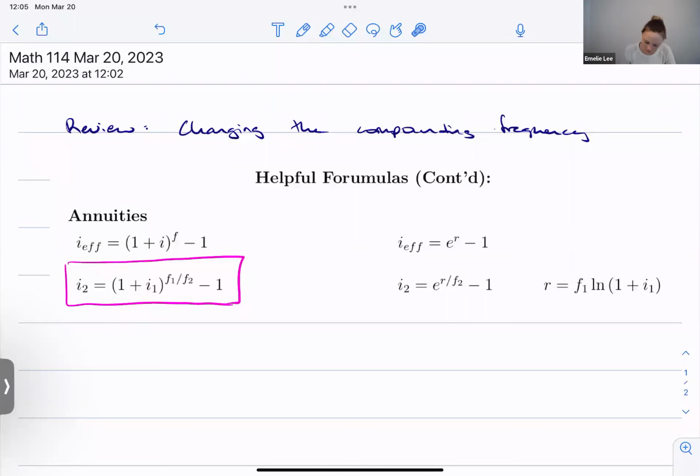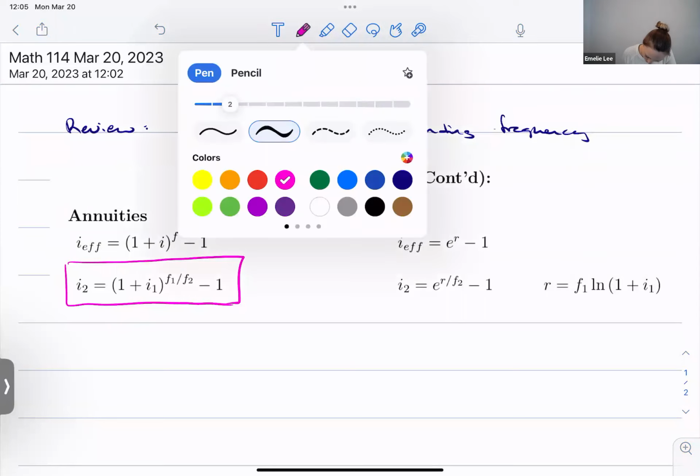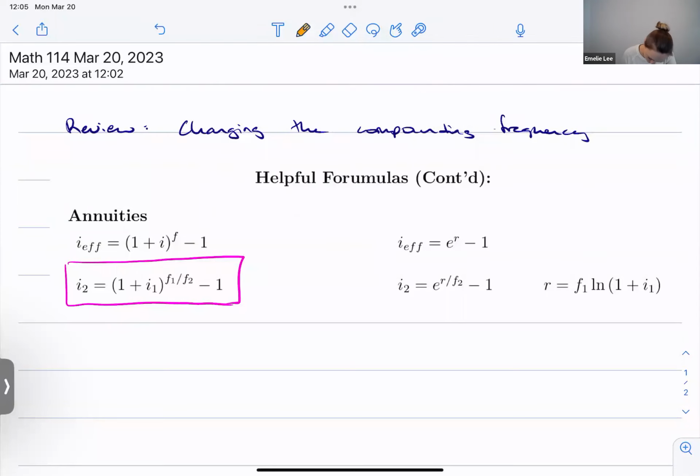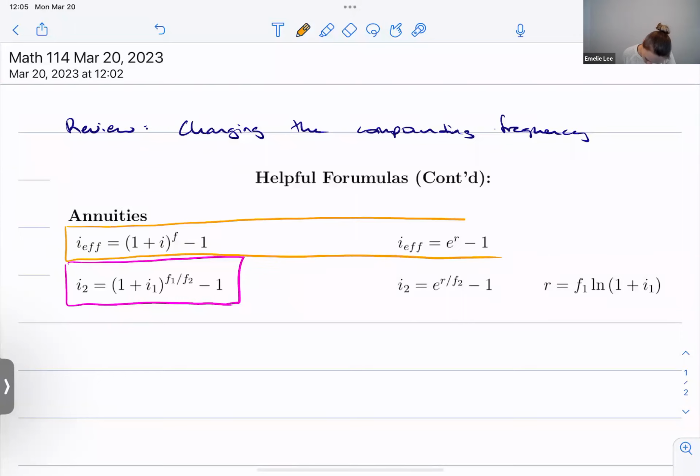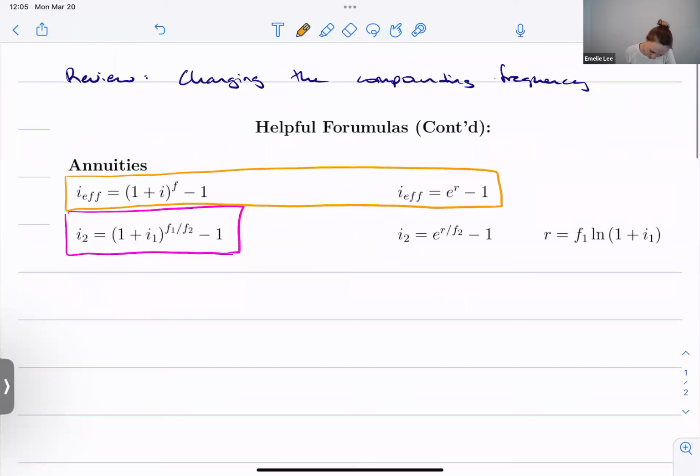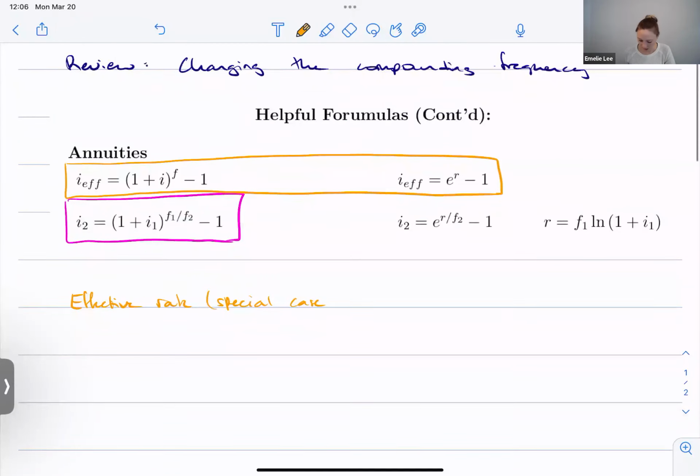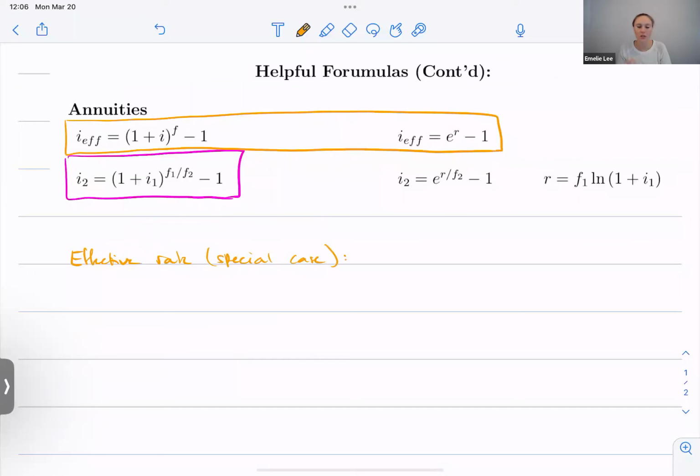It's a special case, which we don't actually need, because we could derive it from this case or this case.